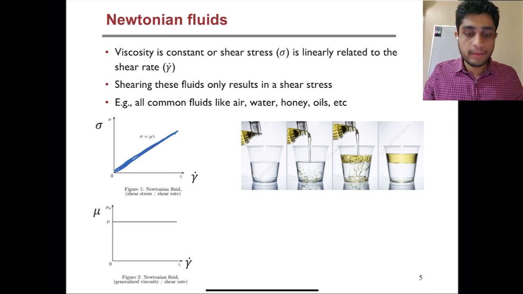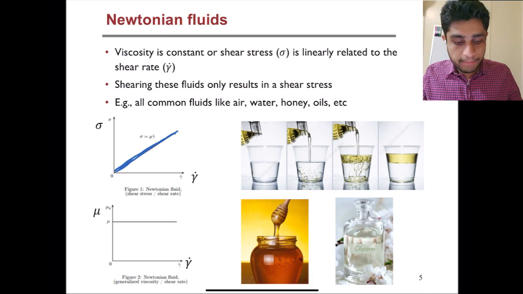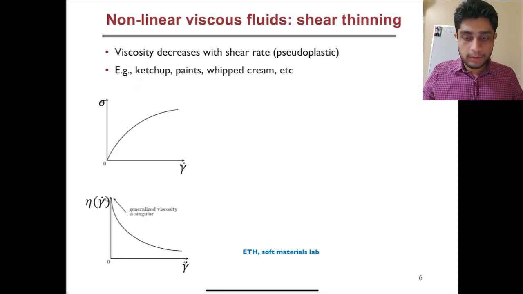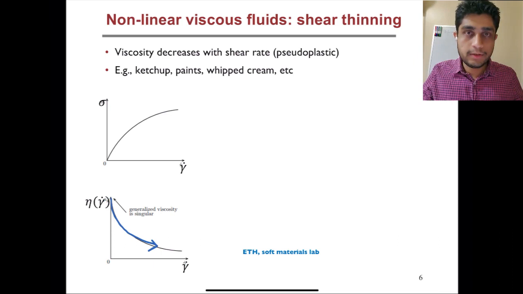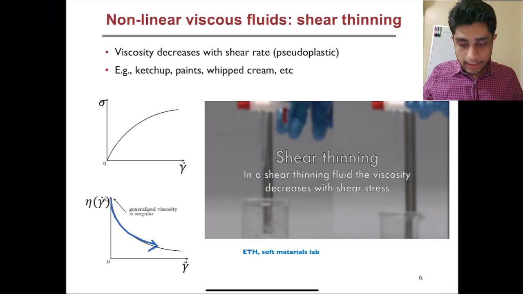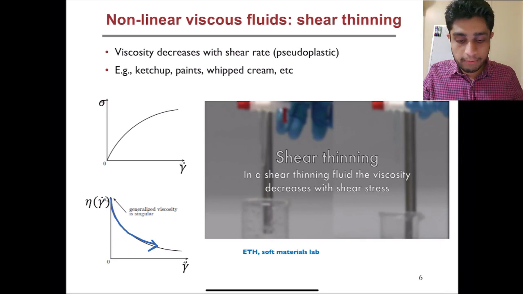It follows Newton's law of viscosity, and common examples are water, oil, honey, and glycerin. Now, shear thinning fluids. For shear thinning fluids, their apparent viscosity decreases with the shear rate, and this nice video shows a demonstration of a shear thinning fluid.